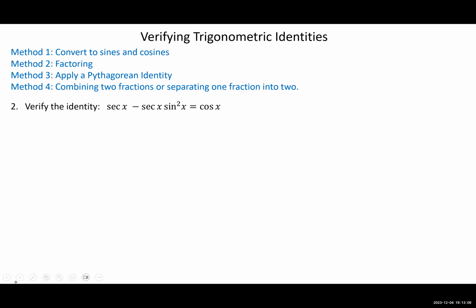All right, so look at this guy. Secant x minus secant x times sine squared of x is equal to cosine of x.